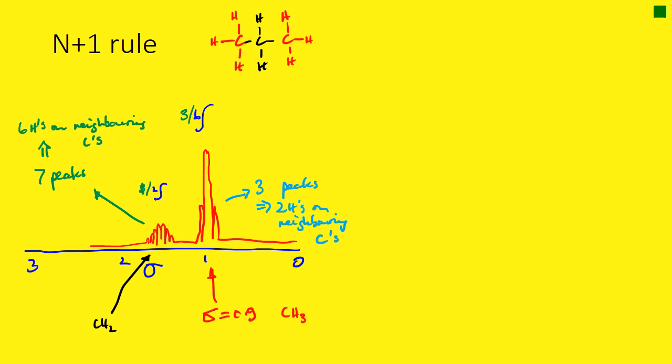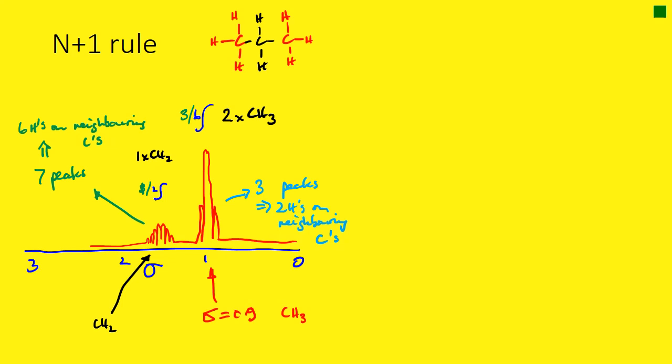And so from the integration ratios of 6 to 2, and from the fact that you've got 6 hydrogens on adjacent carbons, you can conclude you've got 2 times CH3 for that peak and 1 times CH2 for that peak, in which case we can then draw our molecule.